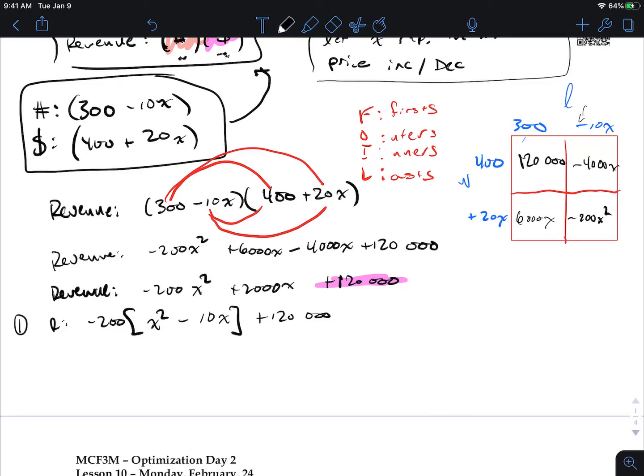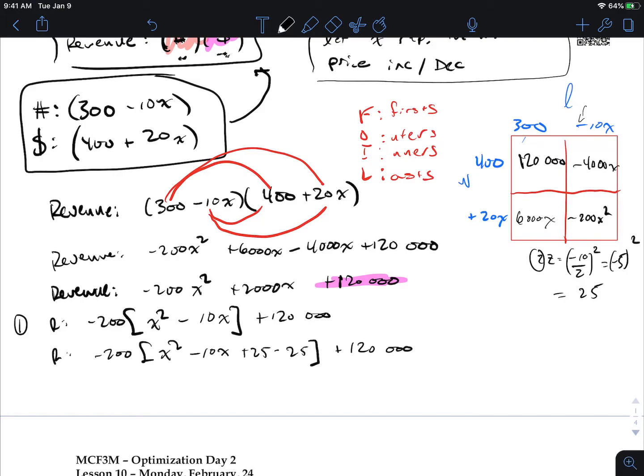Step two is z. Z is going to be negative 10 divided by 2 squared, which is negative 5 squared, which is equal to 25. So my revenue is going to be negative 200 times x squared minus 10x plus 25, minus 25, plus 120,000.